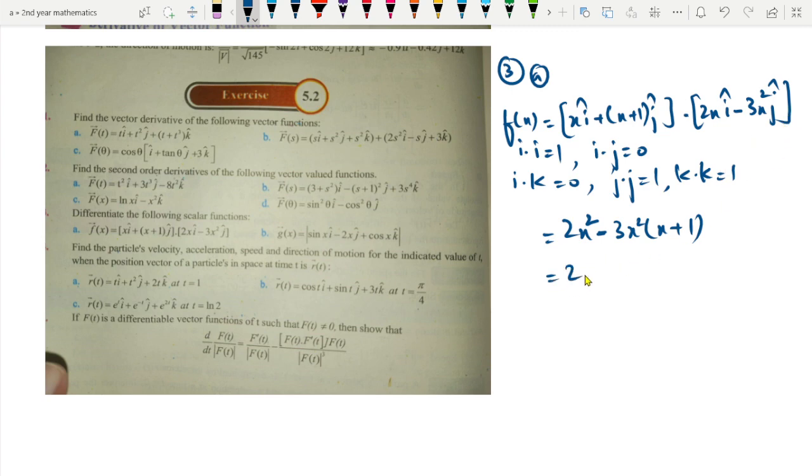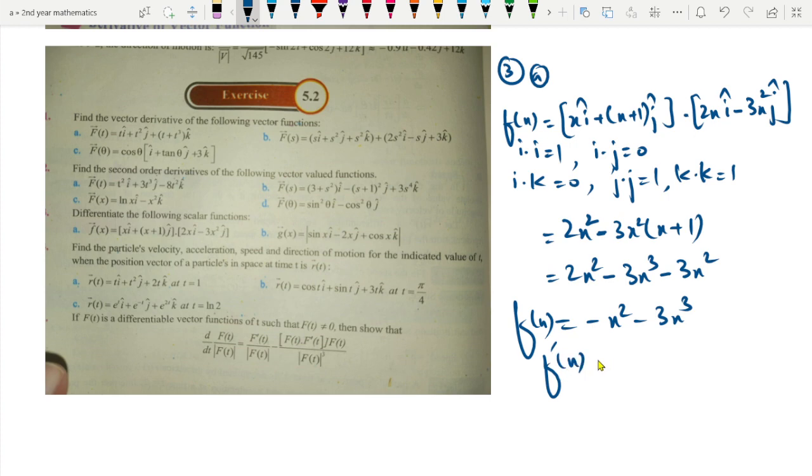So this will become 2x square minus 3x cube minus 3x square. So this will become minus x square minus 3x cube. So this is our f of x. Now we take the derivative of this one. f prime of x is equal to minus 2x minus 9x square. So this is our answer.